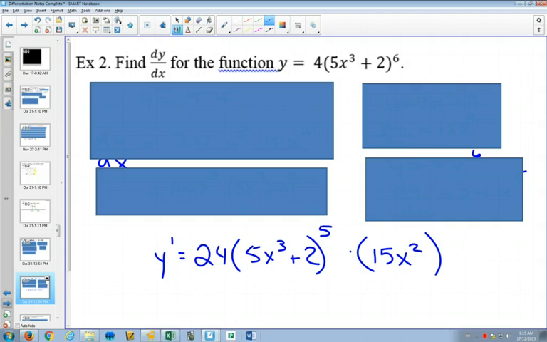Now, I don't take the derivative of my derivative and keep going, because I already looked inside. And when you look inside of the function, the 5x cubed plus 2, could you do that derivative all at once? Yes. So then you're done. Whereas this one, originally, you couldn't do the derivative all at once because there's still a function inside of the function.